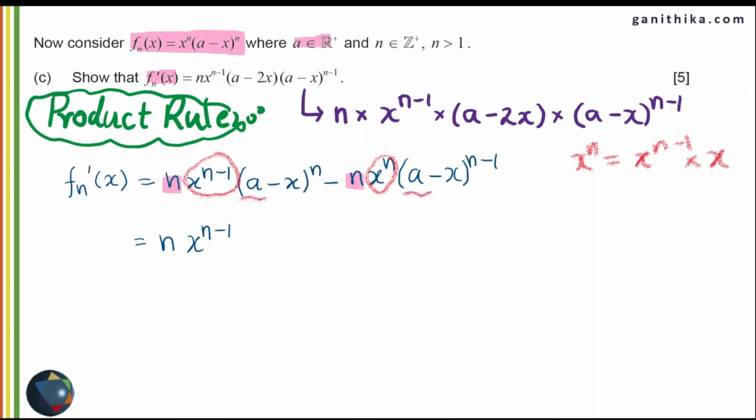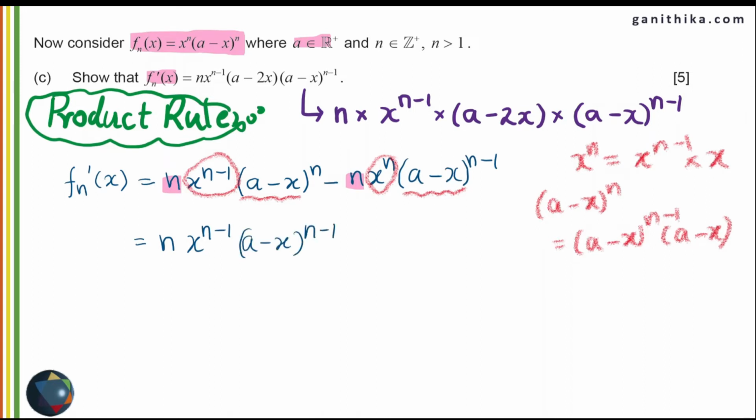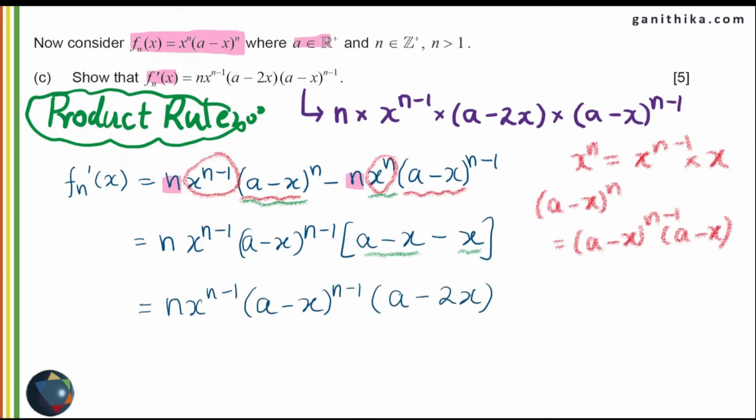And considering these two terms, (a minus x) to the power of n and (a minus x) to the power of n minus 1, you can still see that (a minus x) to the power of n minus 1 is a common factor that can be taken out. And once you consider all these things, the remaining terms are a minus x from the first term and minus x from the second term. So this is what you have as the last factor. So combining them all, you get what is required for the question.